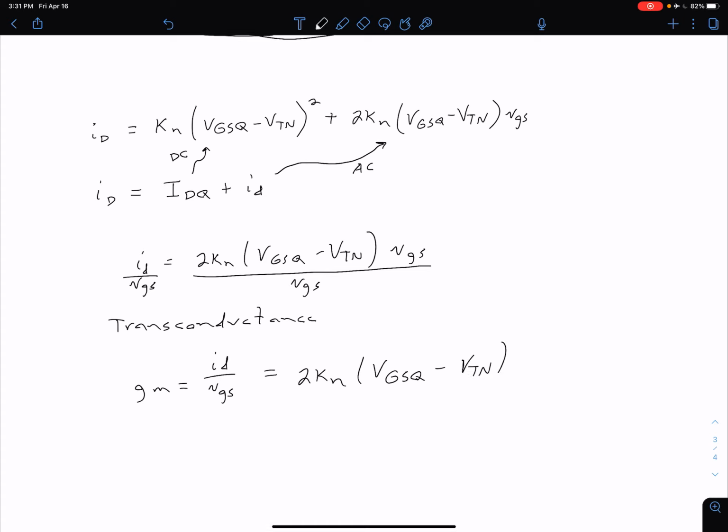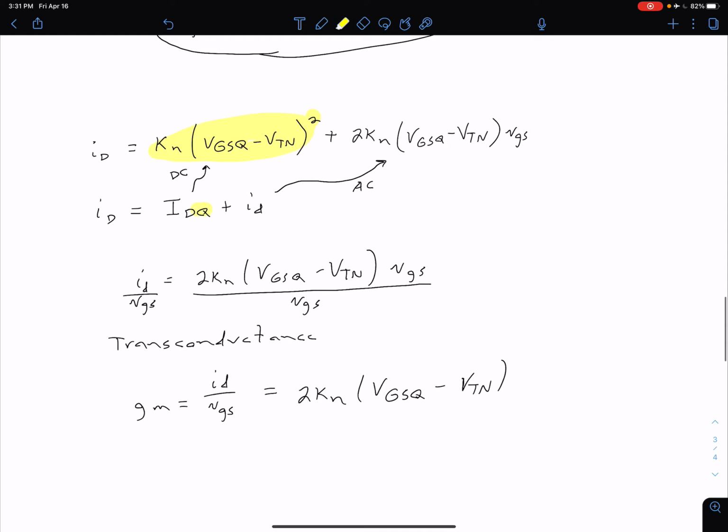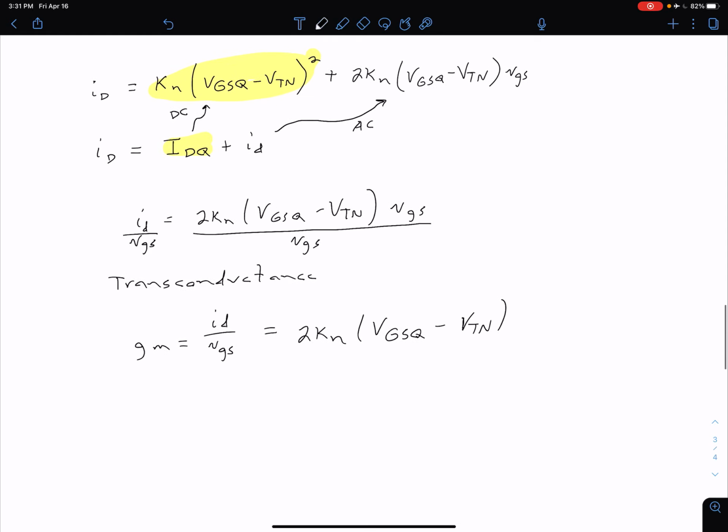Okay, and we can actually simplify this expression a little bit more. If we look at the form for our DC drain current up here, we can utilize this to simplify. Remember, that's our IDQ. We can rewrite this and say that gm is equal to 2 times the square root of Kn times IDQ.